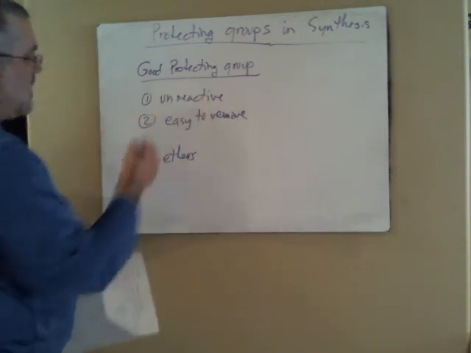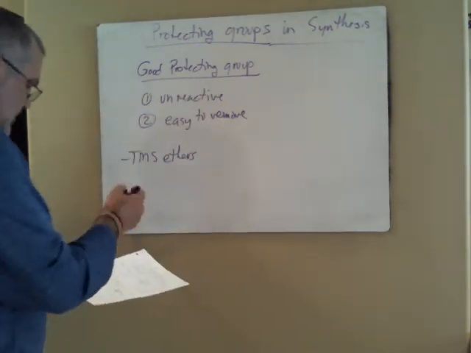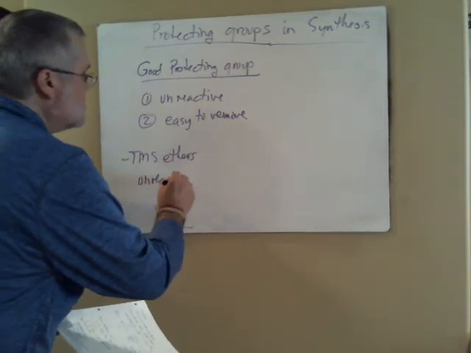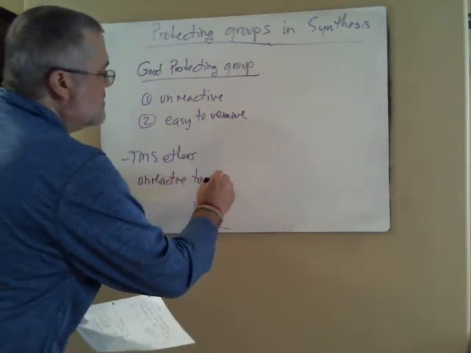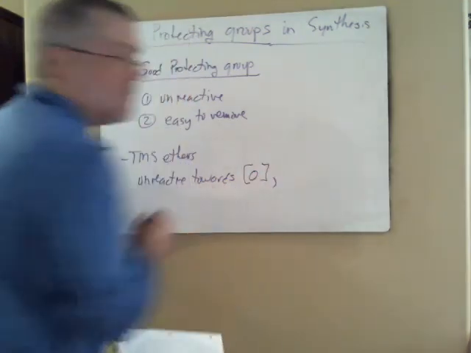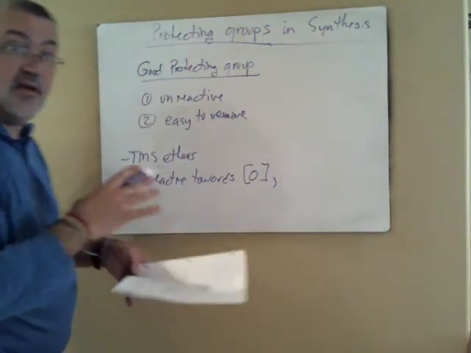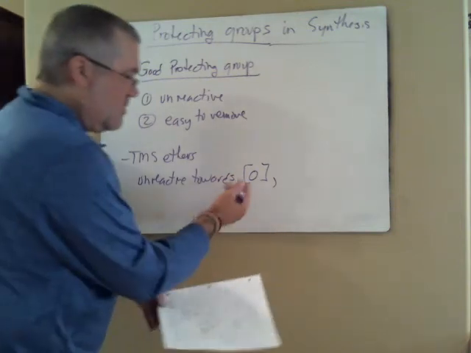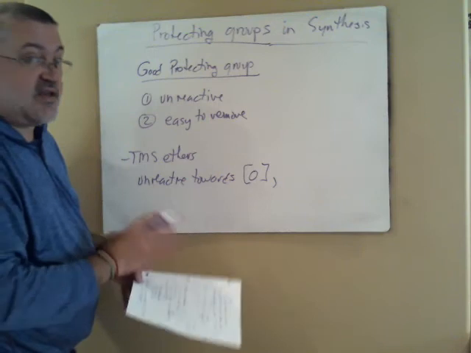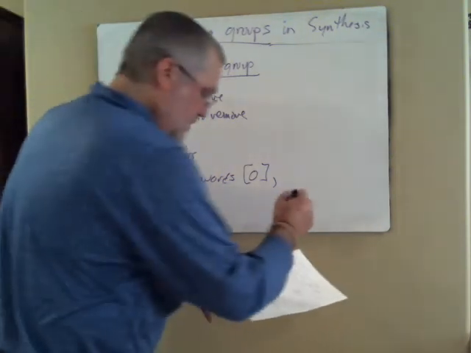is they qualify as a good protecting group because they are unreactive towards oxidizing agents. So, PCC and potassium permanganate, so you put this protecting group on. If you put an oxidizing agent in it, the alcohol will not be oxidized.